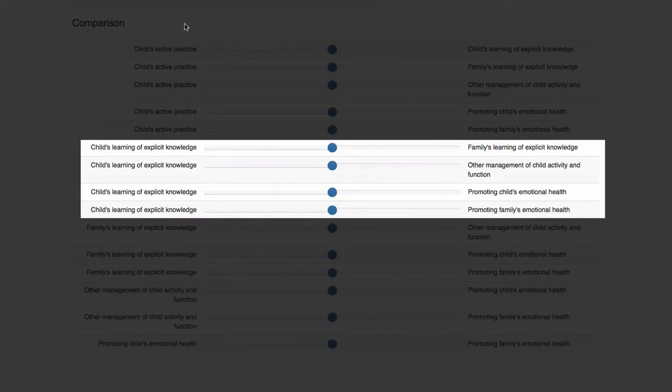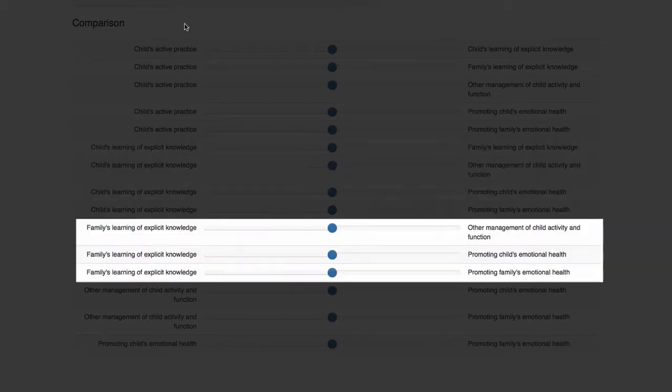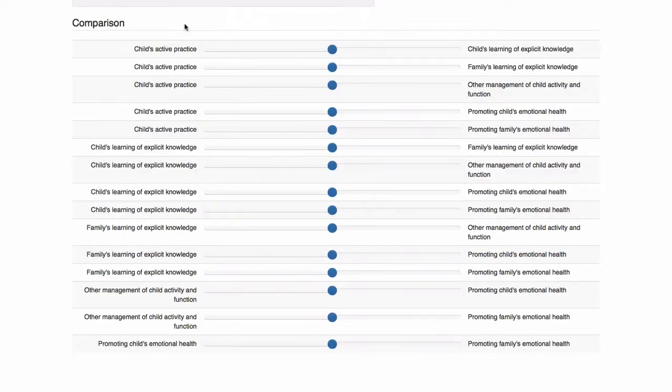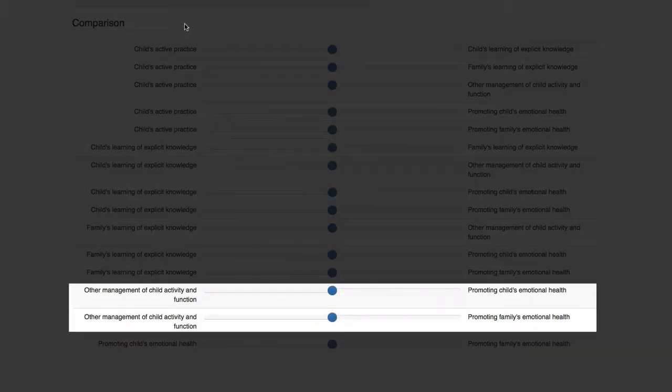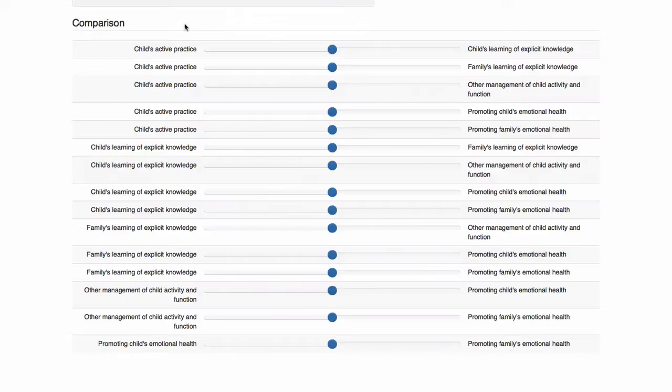Then we have item 2, child's explicit knowledge, against the third, the fourth, fifth, and the sixth. The third item, family learning knowledge, against the fourth, the fifth, and sixth. The fourth against the fifth and the sixth, and finally the fifth against the sixth.